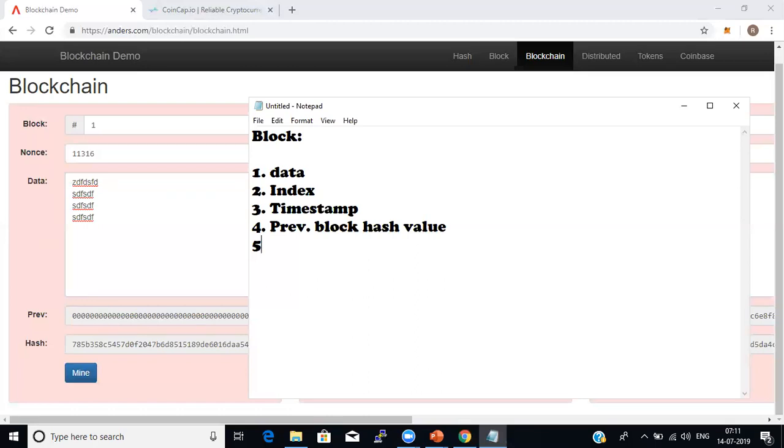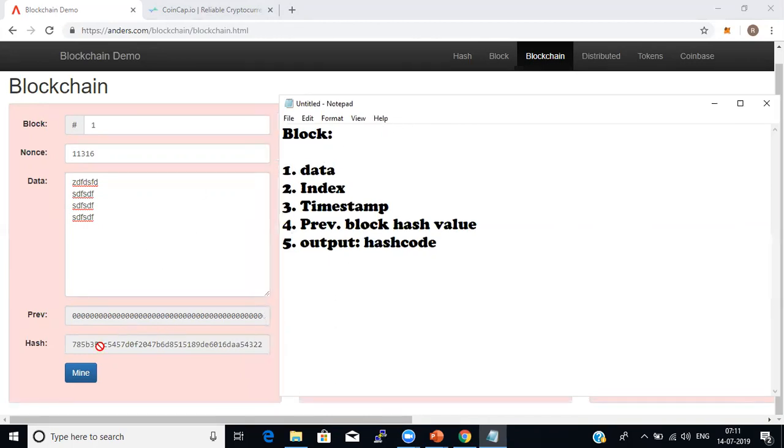Number 5, it will be the output, that is the hash code. So when you observe, this hash code is the output of the block. This hash code we'll call a digest value.